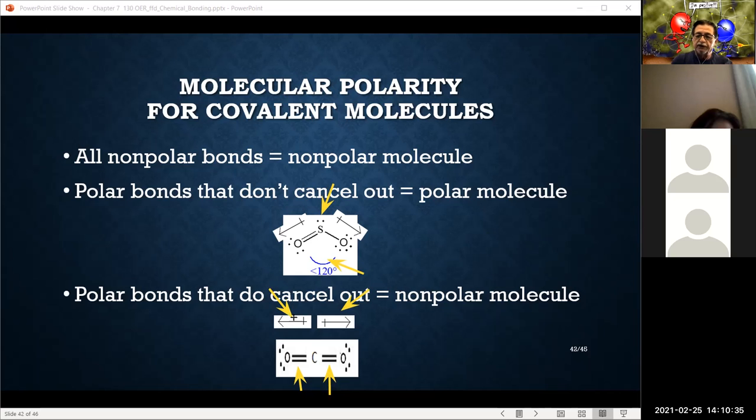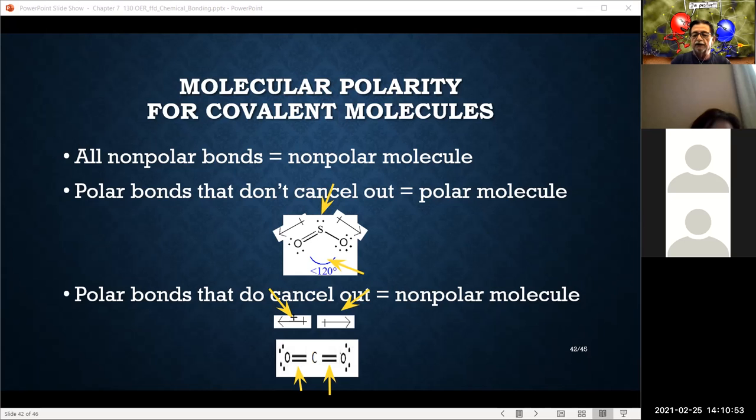The polarity cancels out. And with the polarity canceling out, we end up with a nonpolar molecule, right? And so when polar bonds do not cancel out, we have a polar molecule.